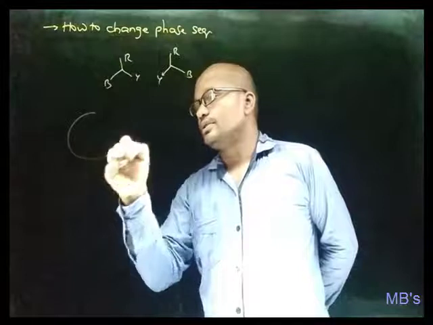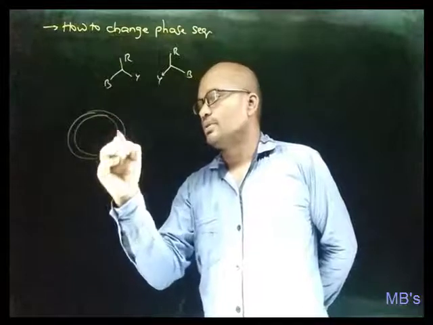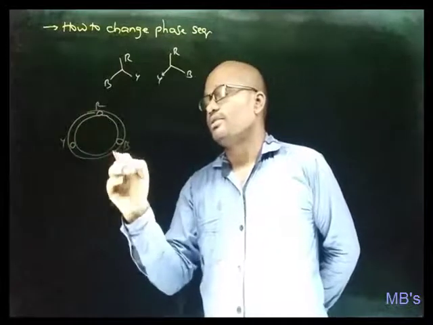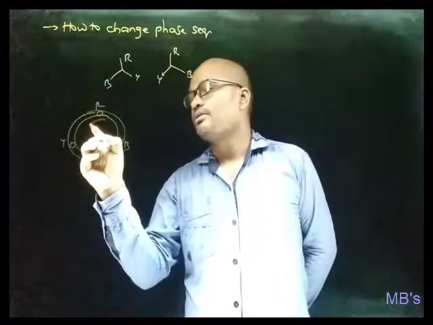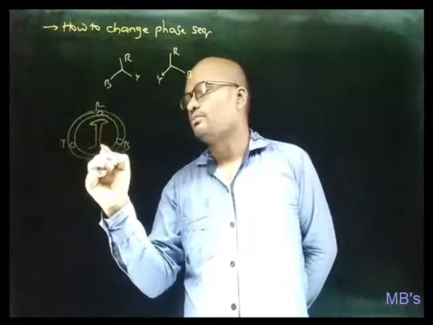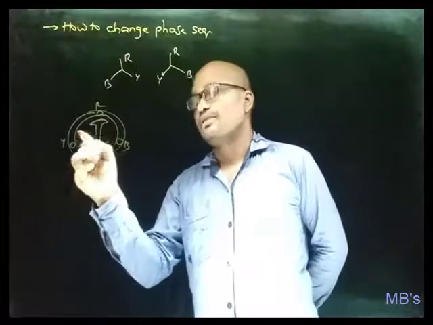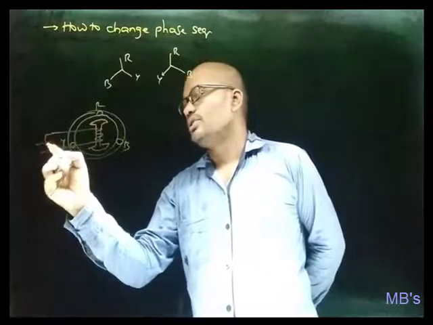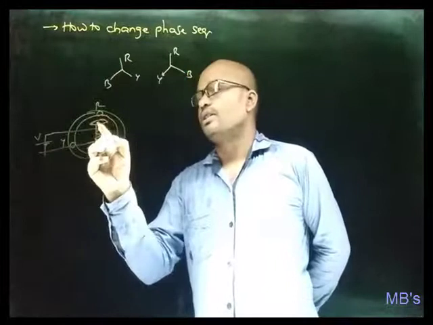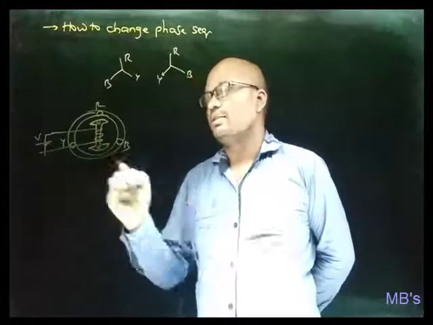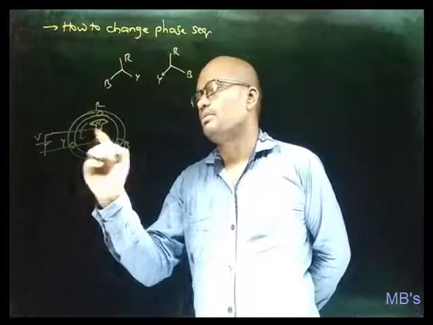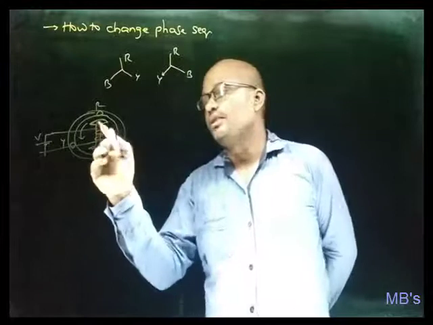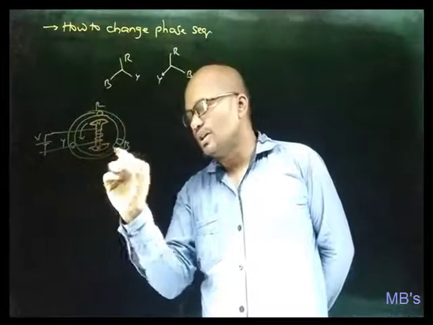Consider the stator like this, having three conductors R, Y, B like that, and let this be the salient pole rotor. As the salient pole rotor requires field excitation, let it be given a voltage supply V, so that a north pole and south pole form like that, and let the rotor rotation be anti-clockwise. Now, if the rotor is rotating, then the phase sequence followed will be R, Y and B.